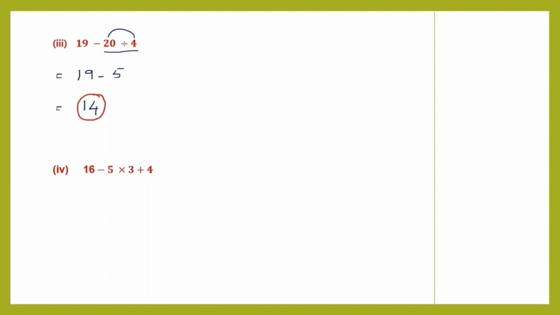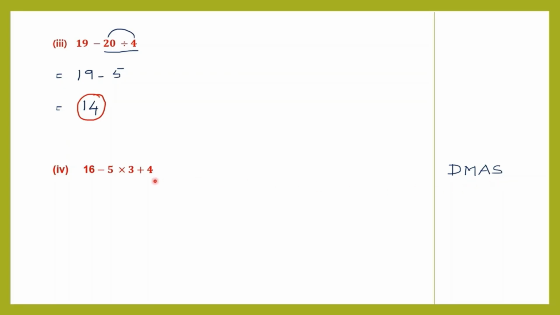Question 4. Now here we have 16 minus 5 into 3 plus 4. So what are the operations we have? Subtraction, multiplication and addition. Now according to BODMAS, let me write only from D, BODMAS D, M, A, S. So here we have division first, multiplication, addition and subtraction.